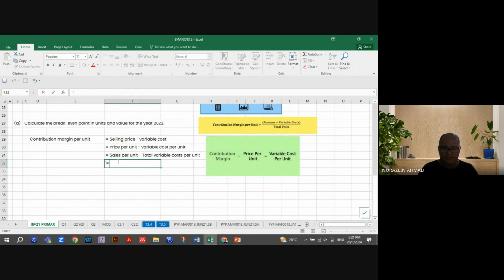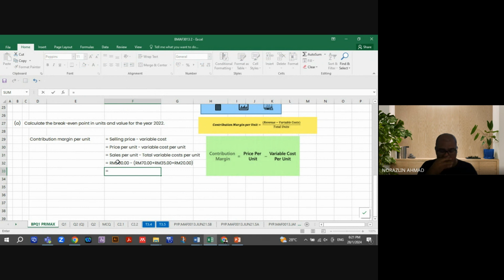So here RM 200 minus RM 70 plus RM 35 plus RM 20.